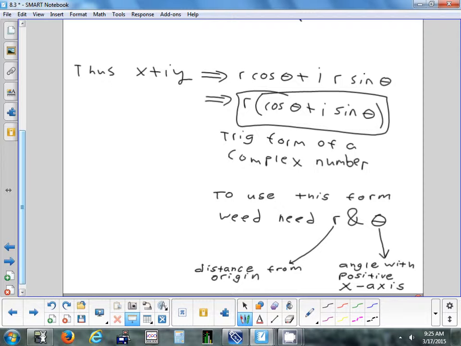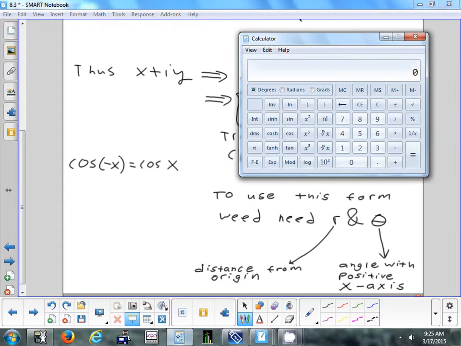And remember, if you ever came up with something like cosine of negative x, say your angle was negative, on the cosine part, if you have a negative angle for theta, you can just get rid of the negative. Try it. Try 15 degrees, take the cosine. Now do negative 15.